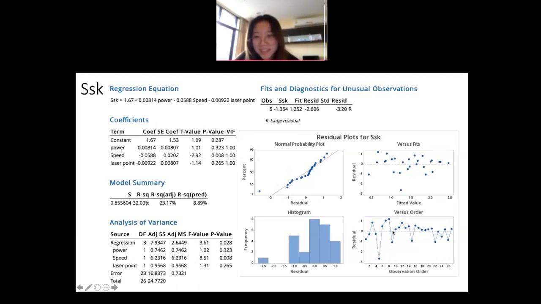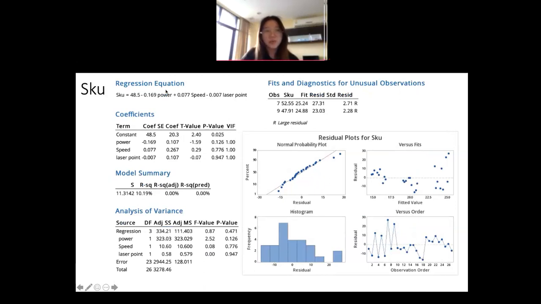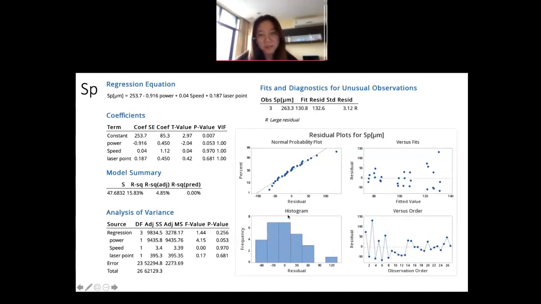And then for SKU, in this versus fit plot, they are in a group of three parts, a three-part pattern. And for SP also something similar.